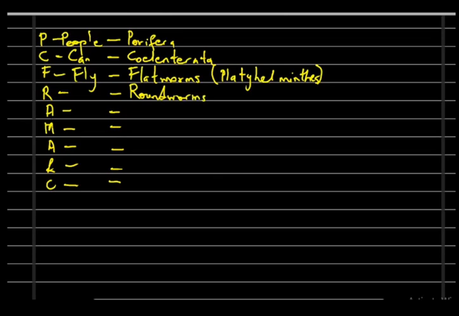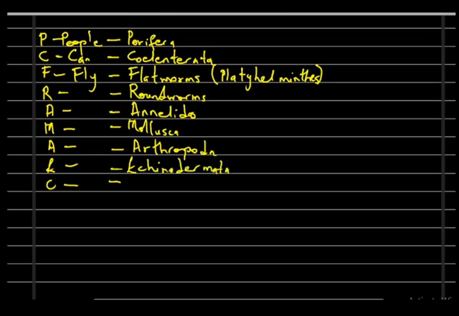And the first A there, because we have two A's there, the first A we have it to be the annelids. Then the M here stands for the mollusca. The second A we have to be the arthropoda. We have the E to be echinodermata. And then the C there stands for chordata.